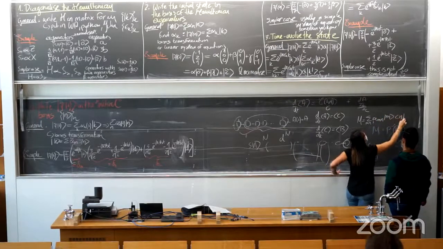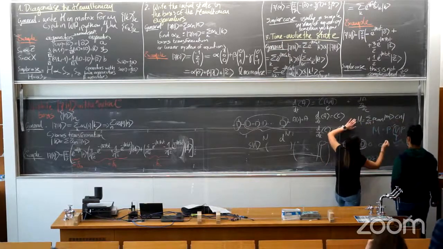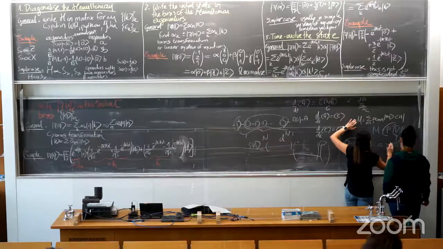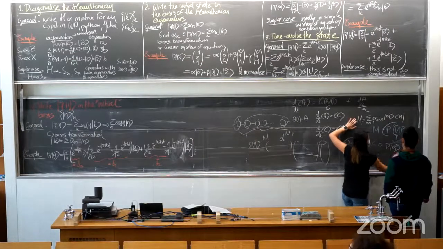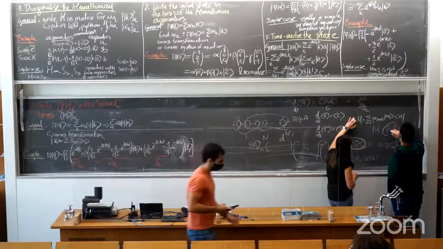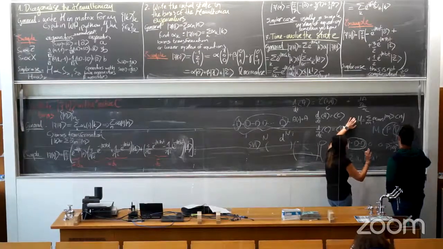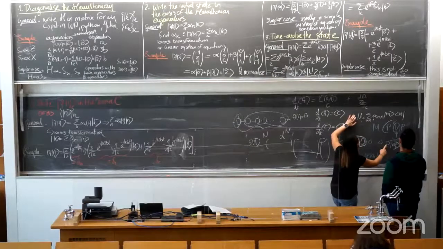So this is the basis. And if I apply P to the M, then I have my states. The idea is that we apply a basis transformation.